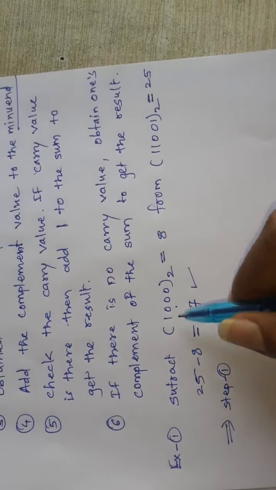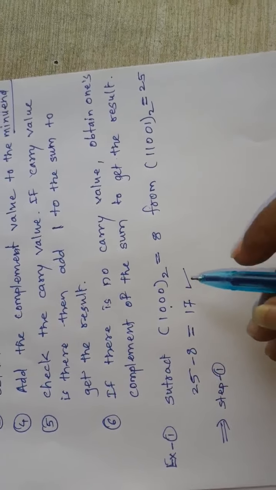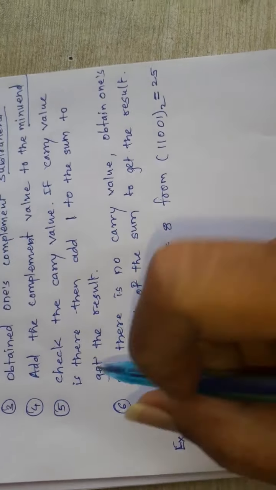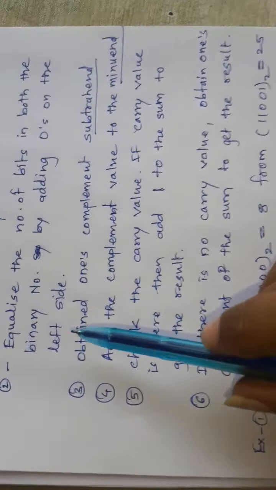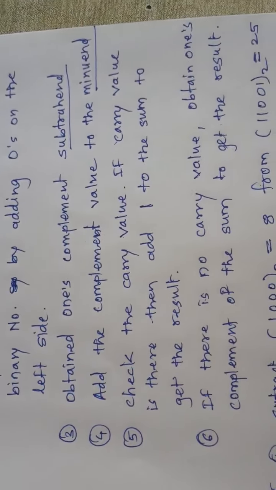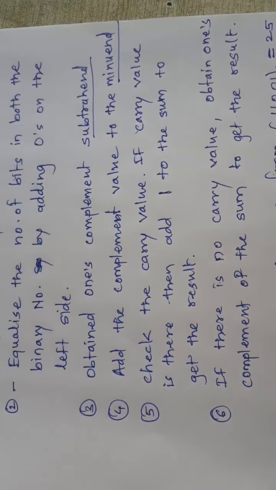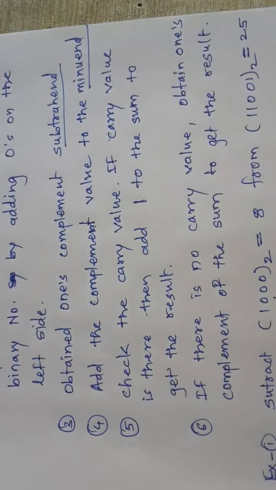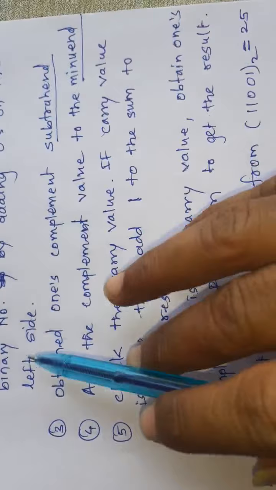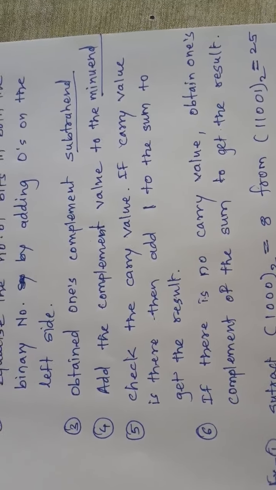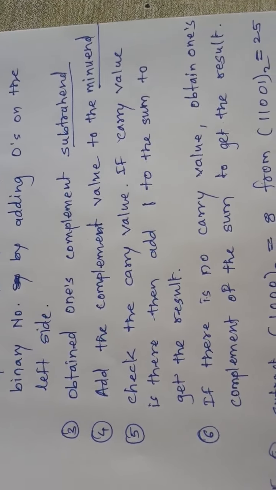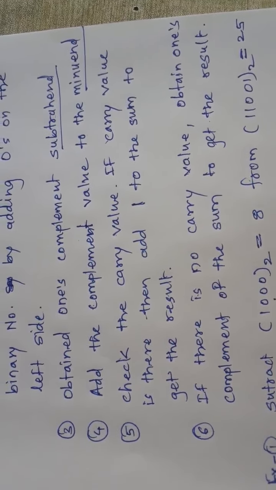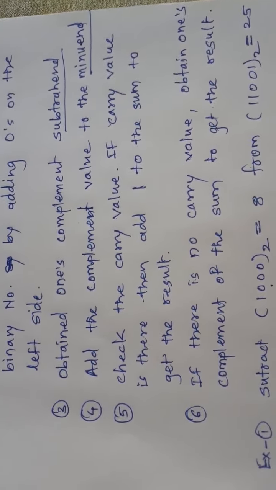First, take two binary numbers, and second step, equalize the number of bits in both the binary numbers by adding zeros on the left side. Step first, two numbers we have to take. 1 1 0 0 1.